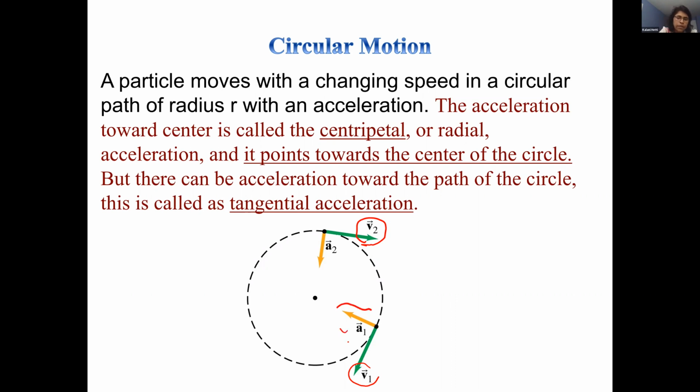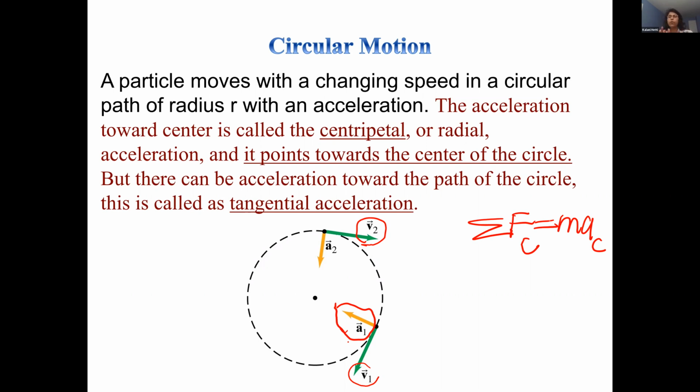That acceleration we call centripetal acceleration. So if there is acceleration, according to Newton's law, there should be a force, because net force equals mass times acceleration. Now, if there is centripetal acceleration, there should be a centripetal force. That is the centripetal force that we are discussing.